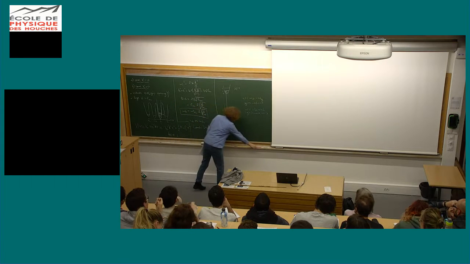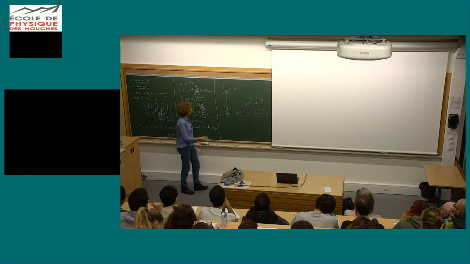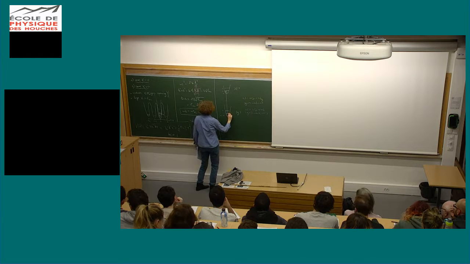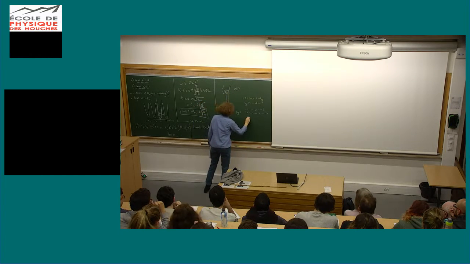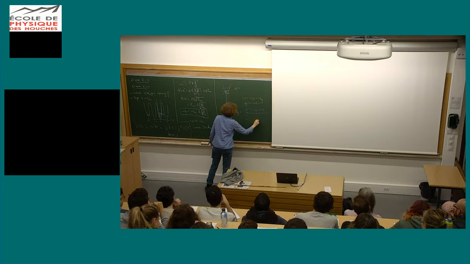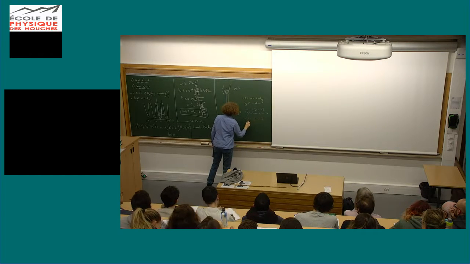Or you can have a transition between the level n and the level n minus 1, and this occurs at the frequency atomic frequency minus omega naught.